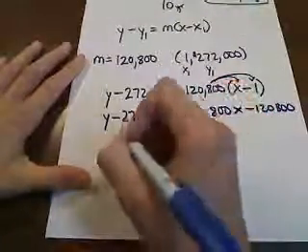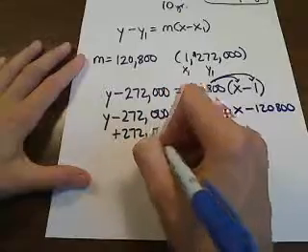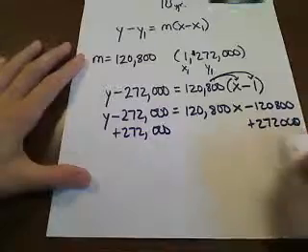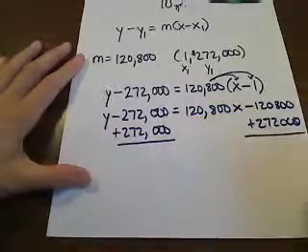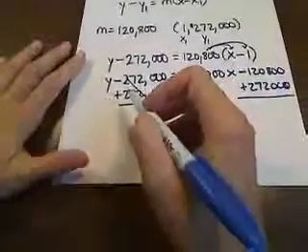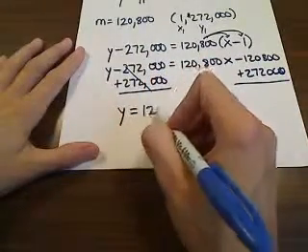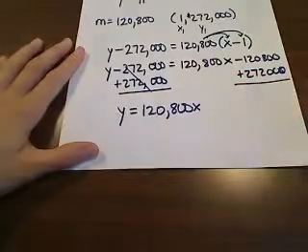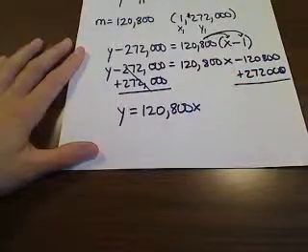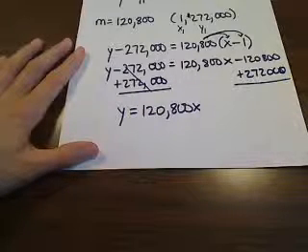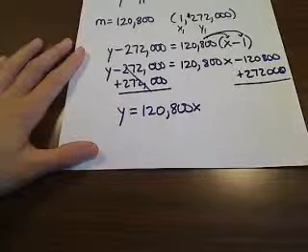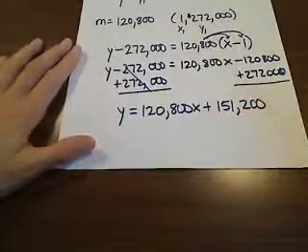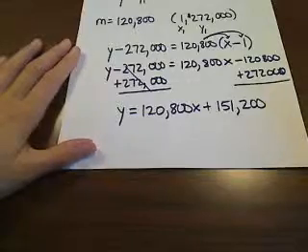To isolate y here, I'm going to add the 272,000 to the other side. And I get y equal to 120,800x, and then 272,000 minus 120,800, so I get a positive 151,200.